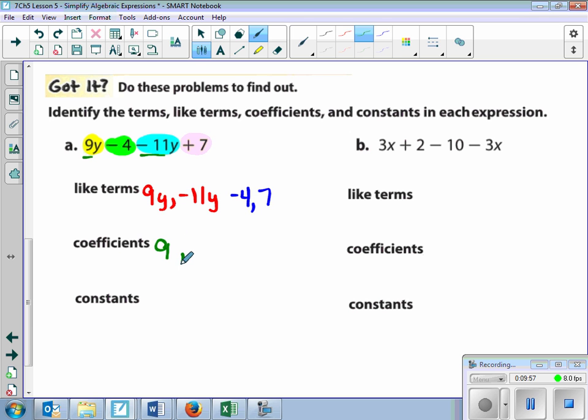So we have 9 and negative 11. Is everybody clear with that? It's just the number. The coefficient is just the number in front of the variable. Okay? And then the constants are the terms that have no variables. So which ones have no variables? Negative 4. Very good. Negative 4 and 7.